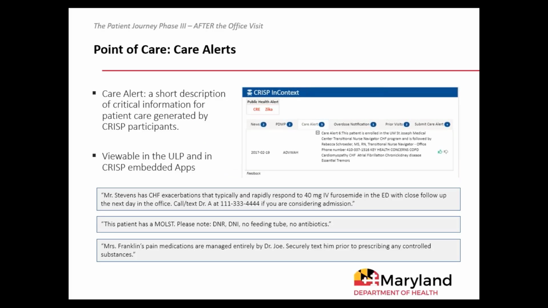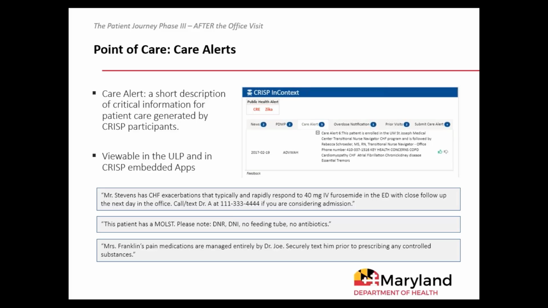That falls into making sure that you have care alerts in place for your high-risk patients. This is a short description of critical information you want anyone who's going to be providing care for your patient to be aware of, because it helps with patients' care delivery.